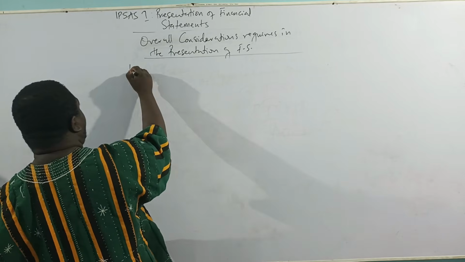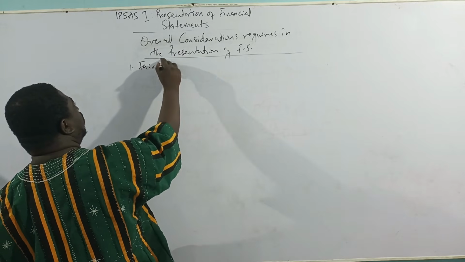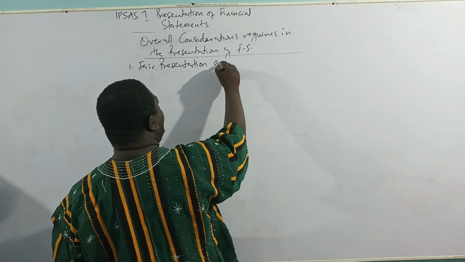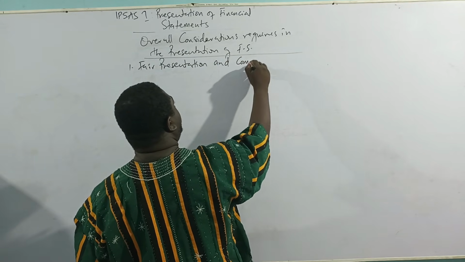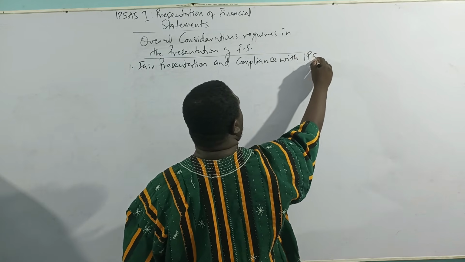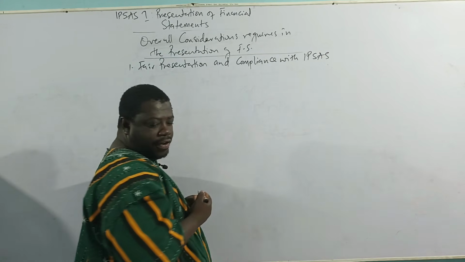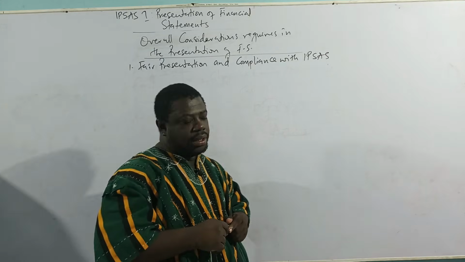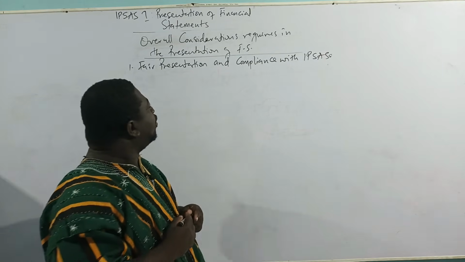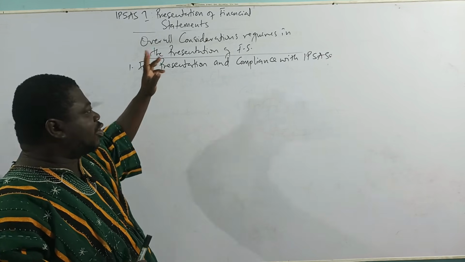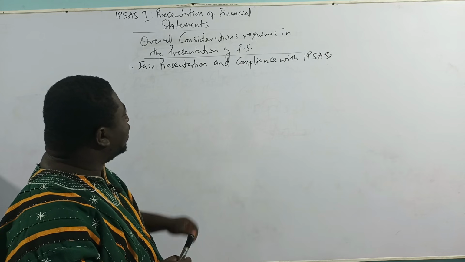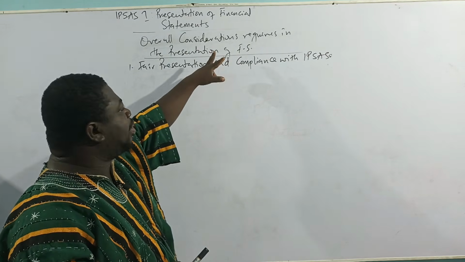The first one is fair presentation and compliance with IPSASs. So, according to IPSAS 1, in the presentation of your financial statement as a public sector entity, these considerations should be upheld.